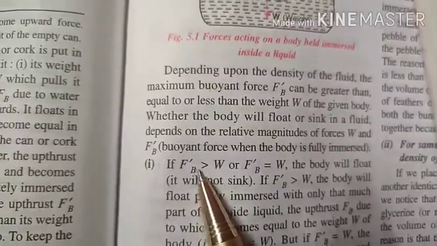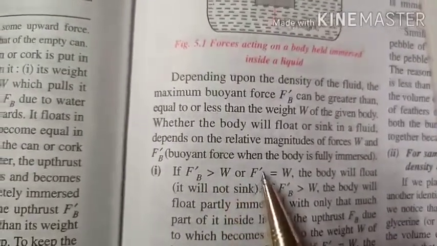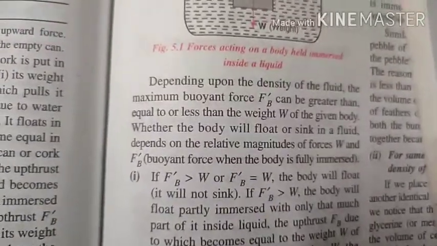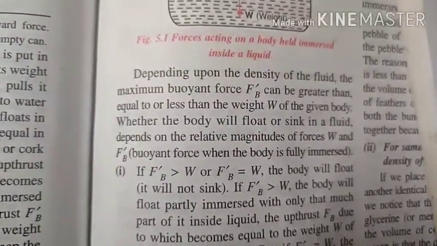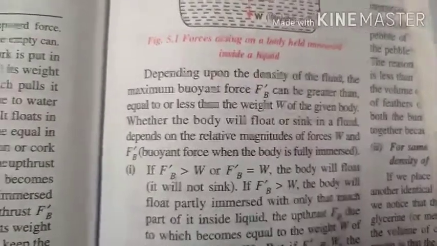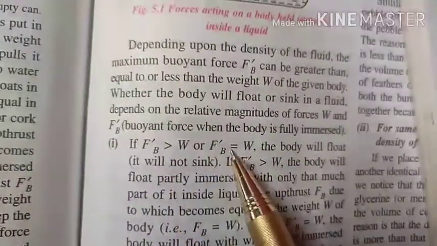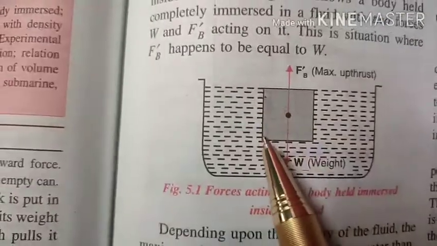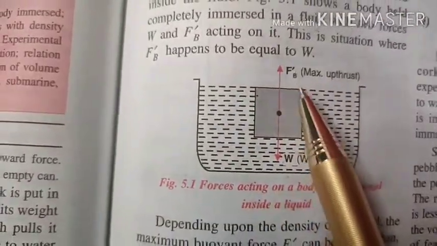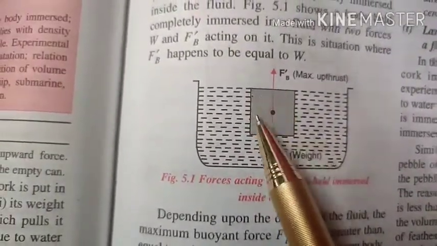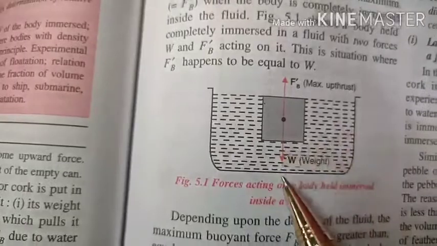When the maximum upthrust is greater than or equal to the weight of the body, in both cases the body will float. The only difference is that when the maximum upthrust F prime B is equal to the weight, the body will be completely immersed, but it will float. It won't sink.